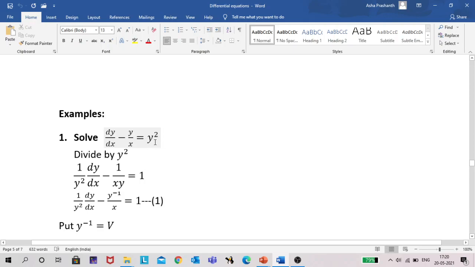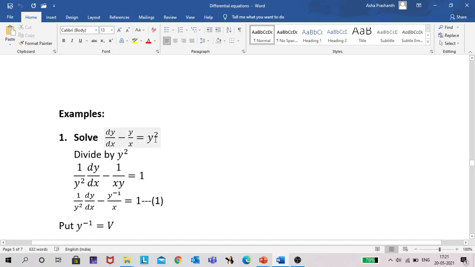Remember in your mind, p and q may be a function of x or a constant, not in terms of y. So you can conclude that it is not a linear differential form. You can think that it is a Bernoulli's form.